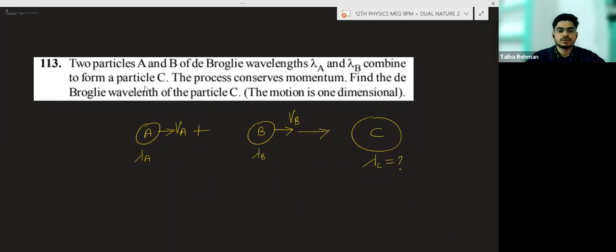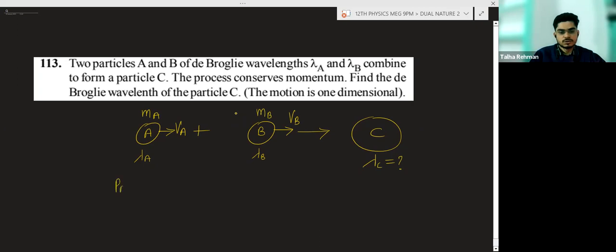Momentum will be mass times velocity. So from here we can find the momentum.